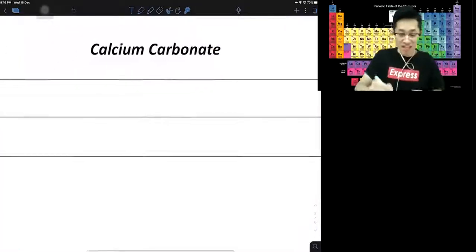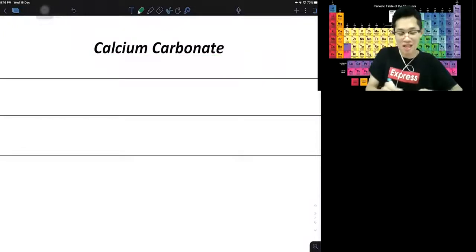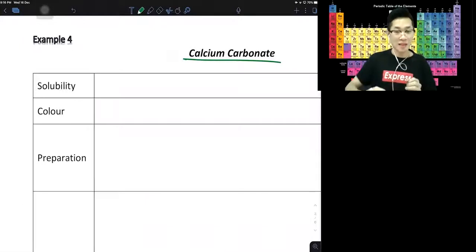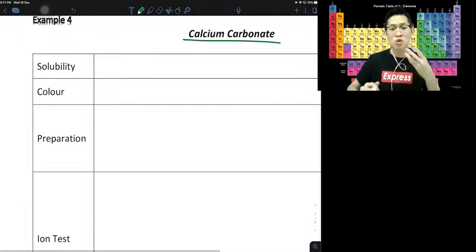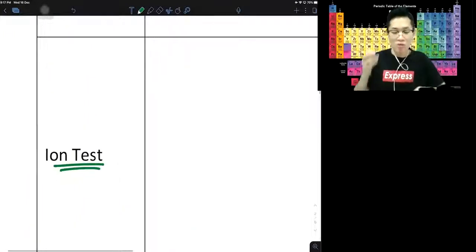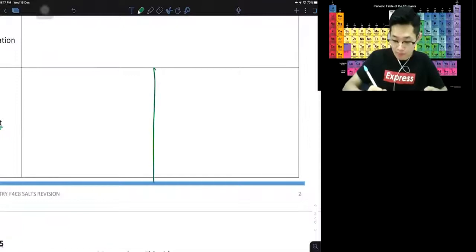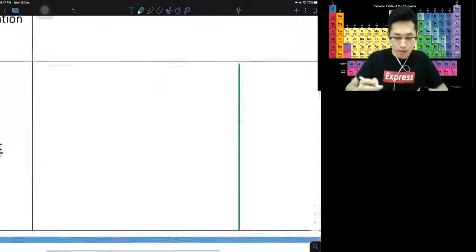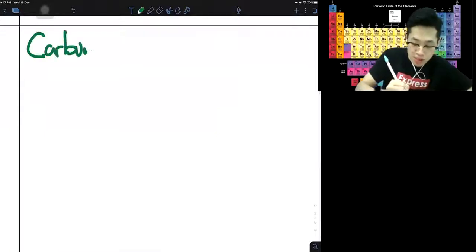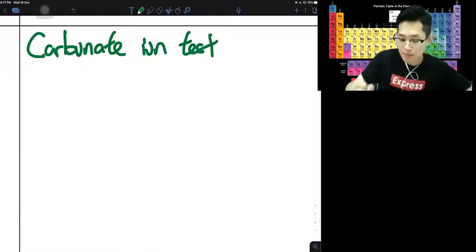Then you just write calcium carbonate. Now, I want to do an ion test. I want to test the negative ion, which means I want a carbonate ion test.